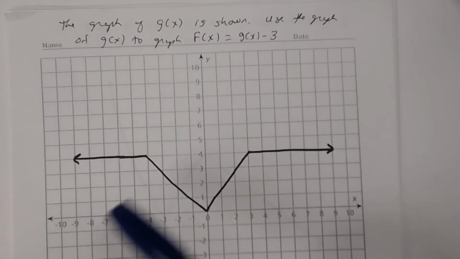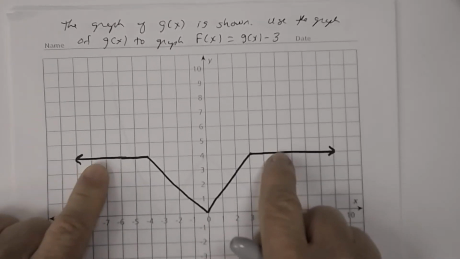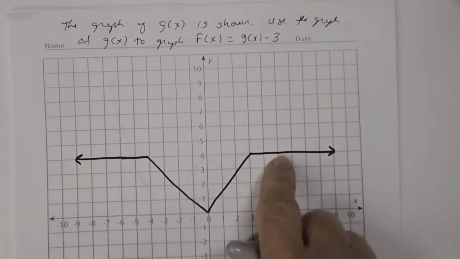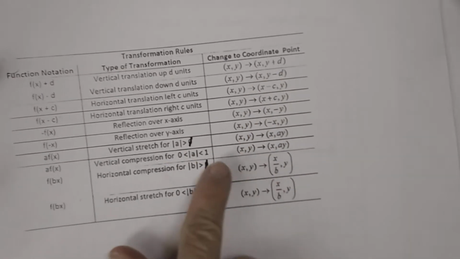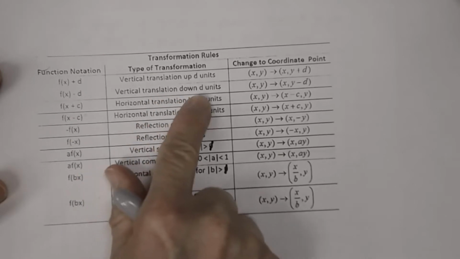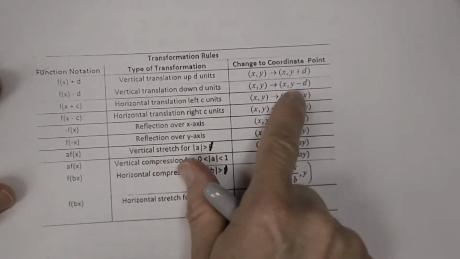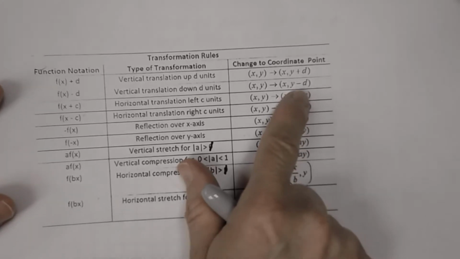What coordinate changes? Do both change? Does only one change? When we shift vertically down, that means the y coordinate is being subtracted by the same amount.